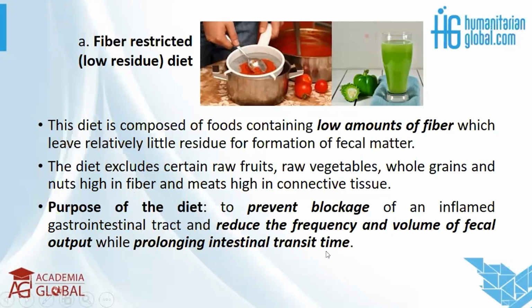So that is why we give this diet. Sometimes you may have some type of inflammation in the GIT part or in the whole of GIT, and we don't want to block those sick or those unwell parts. So that is how we use this low fiber diet.